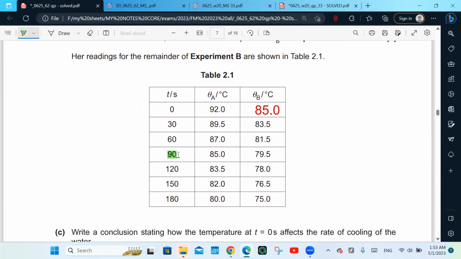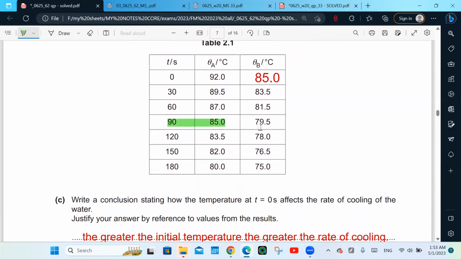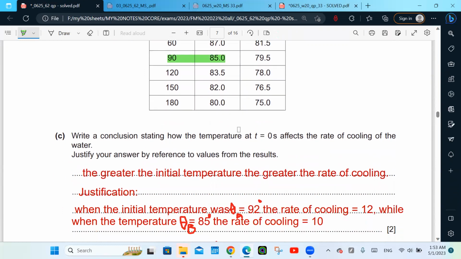What was the temperature? The temperature for experiment A was 85 degrees Celsius. So this is the initial temperature taken in the second experiment. So the initial temperature in the second time, theta B, is equal to 85 degrees Celsius.